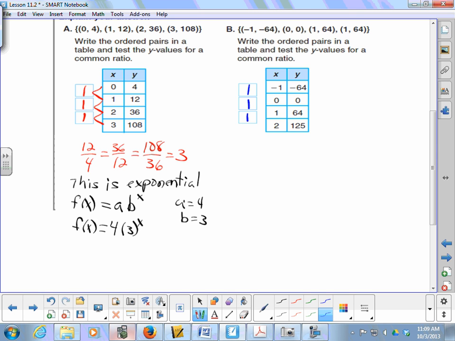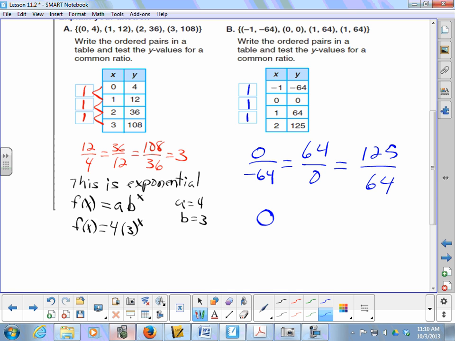All right, so we take the y values and we divide them. 0 over negative 64. Does that equal 64 over 0? Or 125 over 64? Are these all equal? No, they're not, because this one is 0. And what's this one?